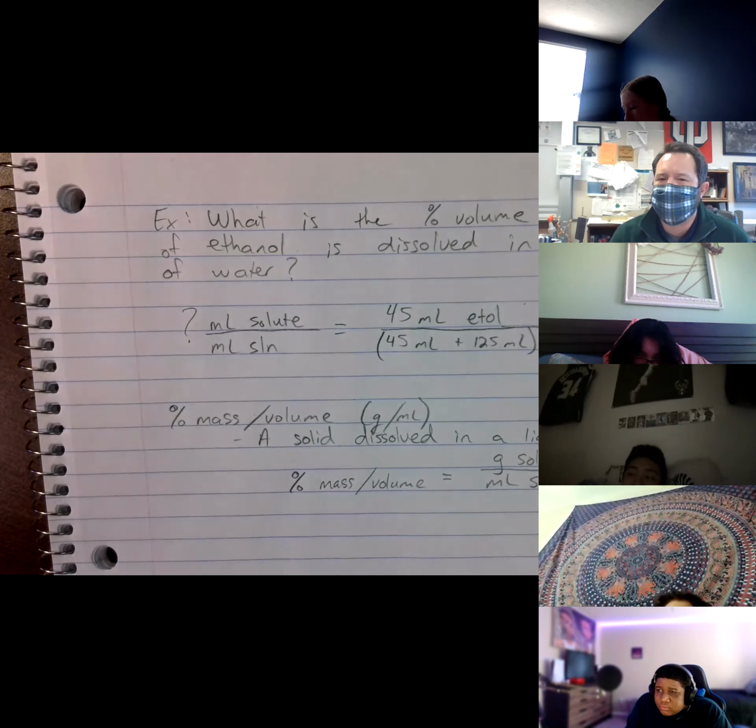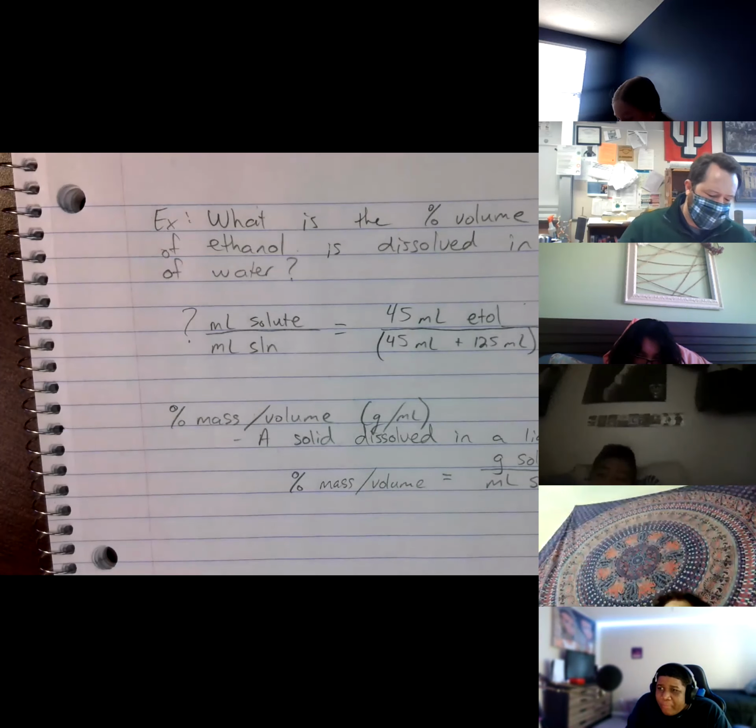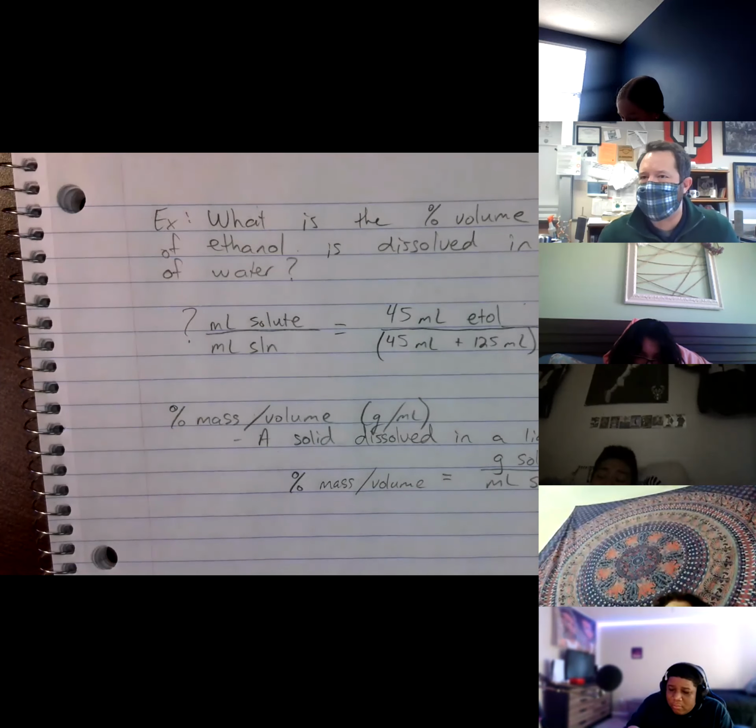All right, for next example, let's knock it up a notch. I'm guessing if I gave you guys grams of a salt and a volume, you could figure out the percentage. So let's take it up a step.